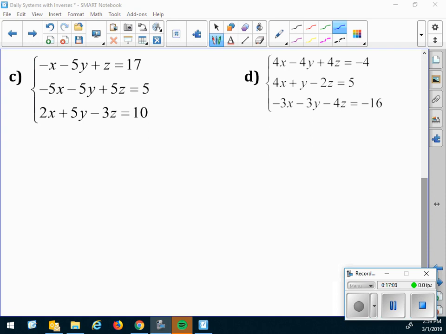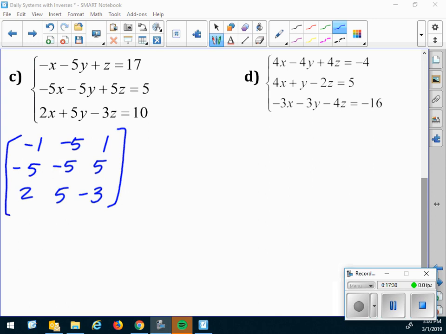Okay. What are the elements in the first row? That's a Z. Next row? Times, what's that matrix going to look like? X, Y, Z, good. Equals.